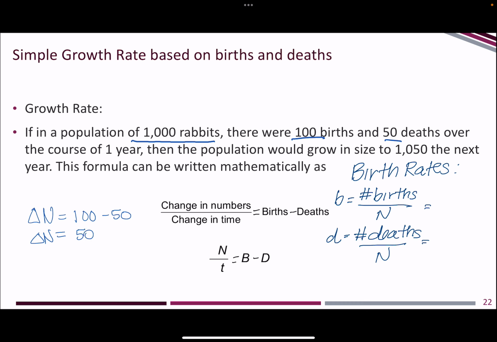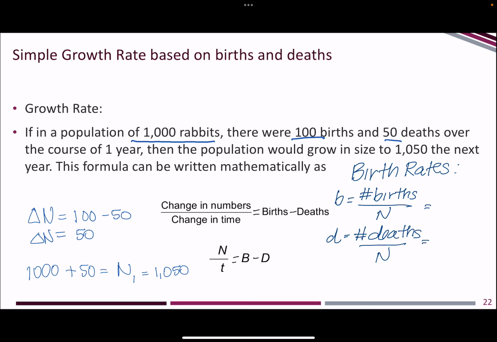And so our change in our population size from one generation to the next is going to be 1,000 plus 50. So our new population size, our population size at the next generation is going to be 1,050.